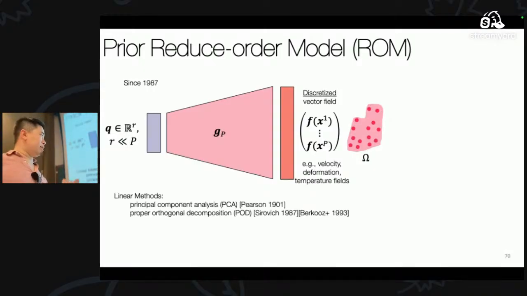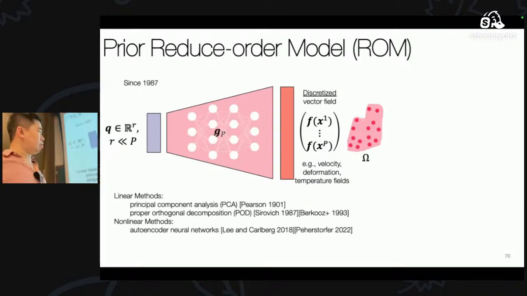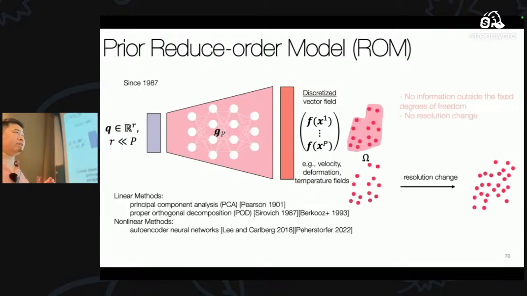You can do this using PCA or POD, and you can also do this using neural networks, using autoencoders. People have explored both of these approaches extensively. But regardless of whether you use a neural network or a linear method, as long as you adopt this architecture, you don't have information outside the fixed degrees of freedom, at least not directly.